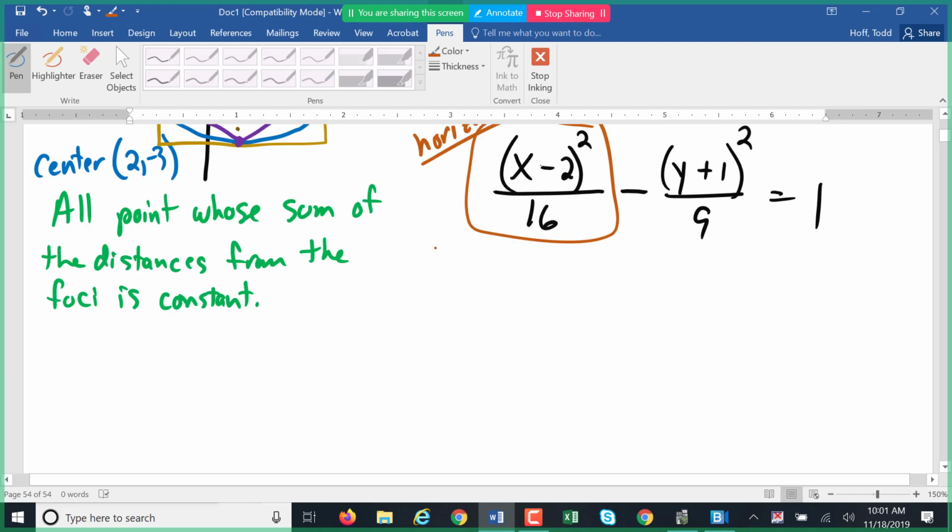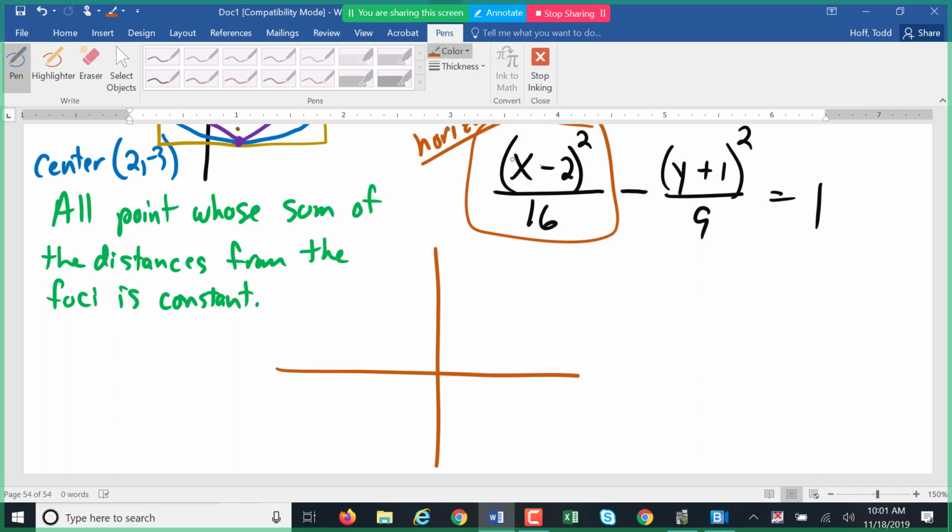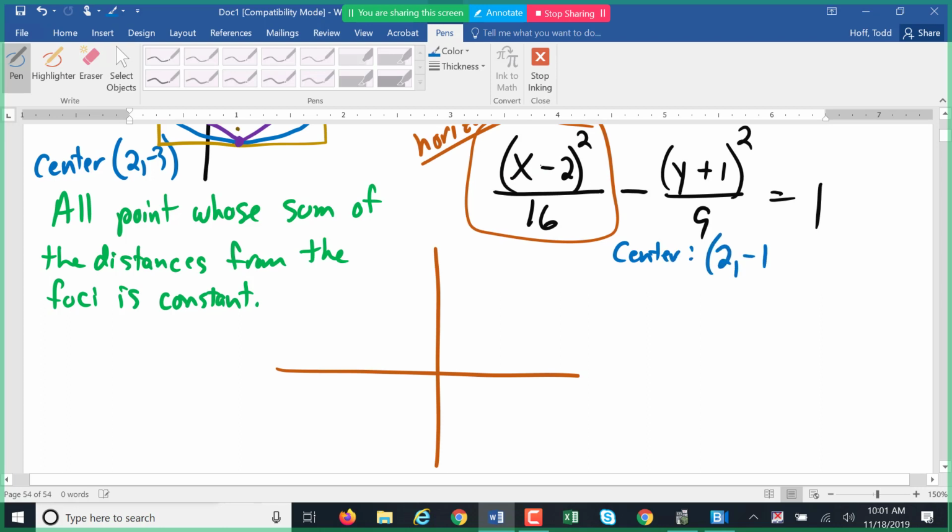So on our graph, we know that we're going to be looking something like that. Now the center is still going to be found the same way. The center is going to be at 2, -1, because it's x minus 2 and y plus 1, or y minus a negative 1. That's our center.